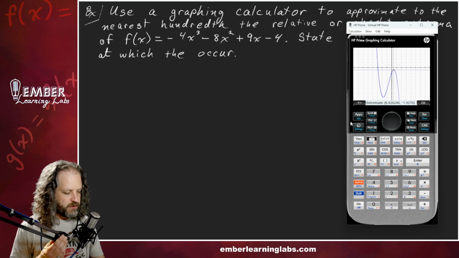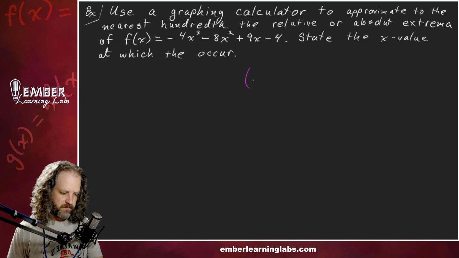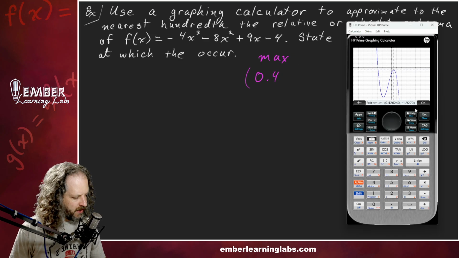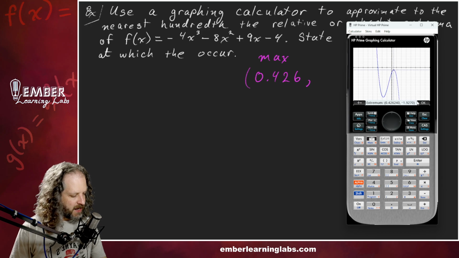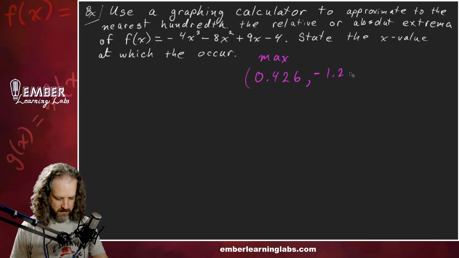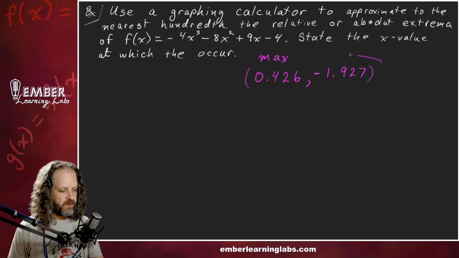So a maximum at 0.426, negative 1.927. So that's the first bit.